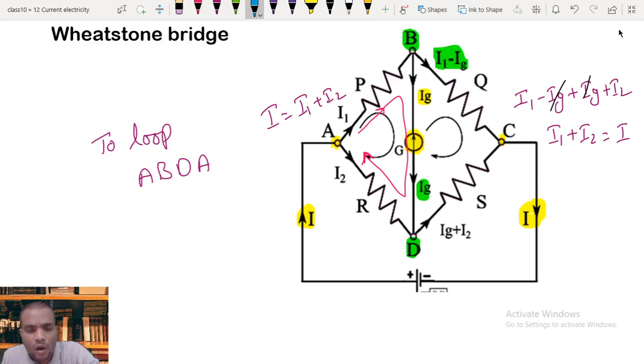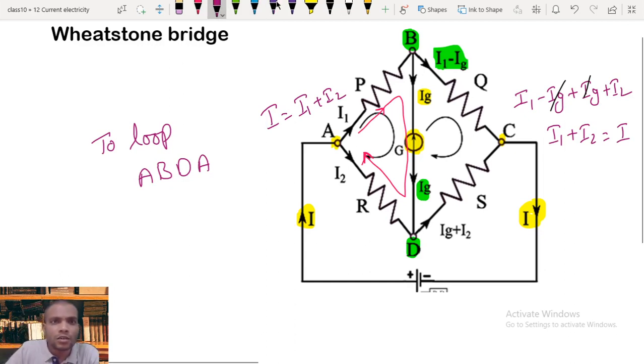Here G is also taken as a resistor. Note, I can mention it here.